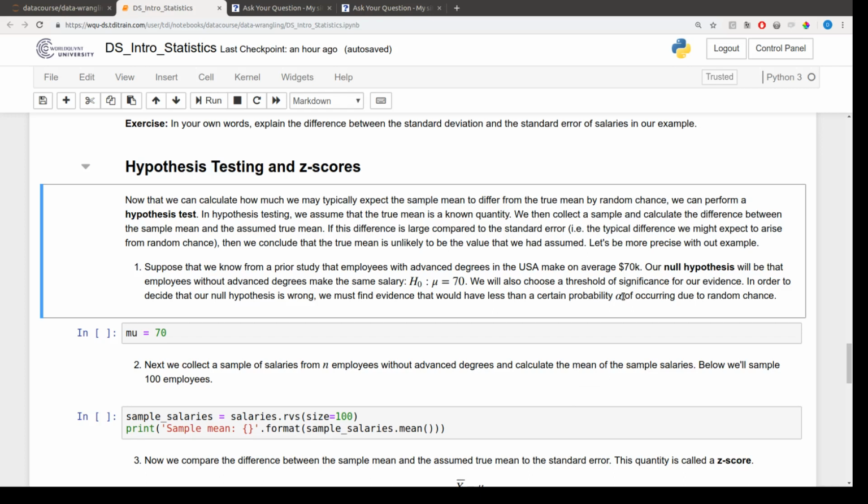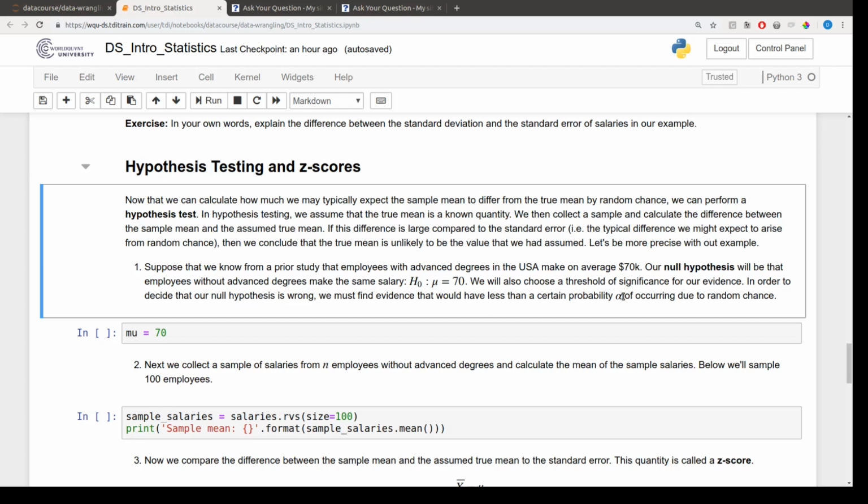We want this probability to be small because we know the sample mean will probably be different from the null hypothesis purely by random chance. But if it's different, what we're interested in is differences that aren't due to random chance. So if we demand that that probability be small, then probably the difference is attributable to some real, interesting, significant cause rather than just random chance.